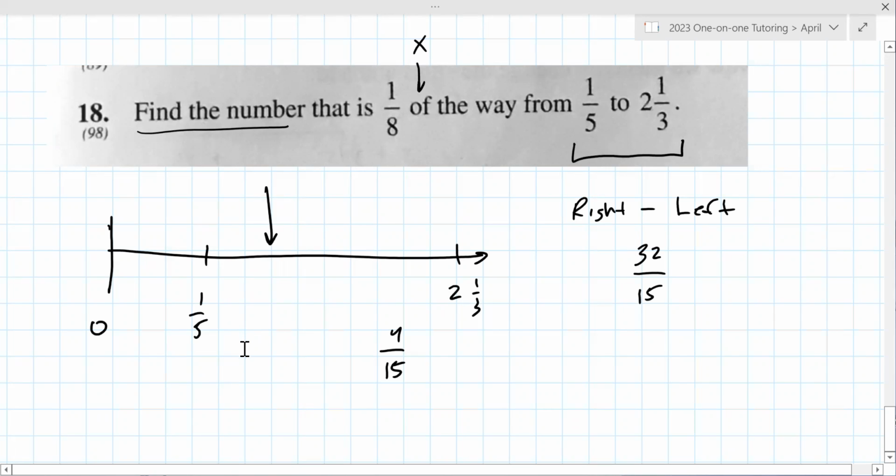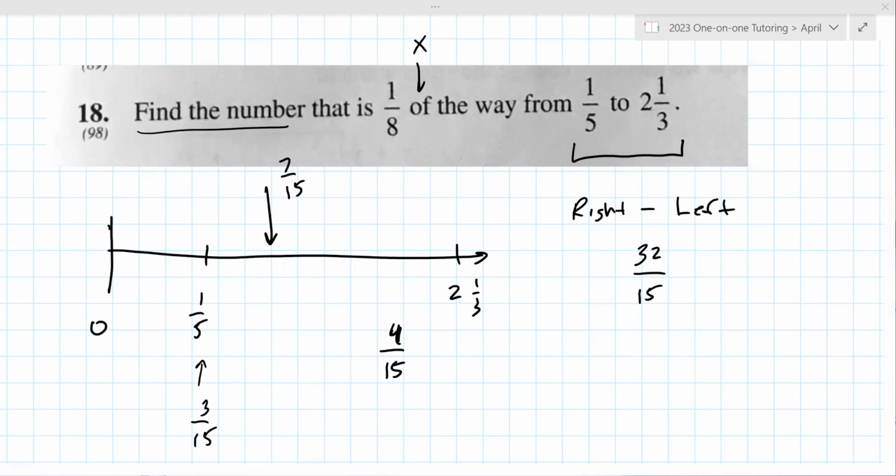So that will be 9/15. No, hang on. This is 3/15 plus 4/15, which is 7/15. Okay, sorry. Yeah, very well. All right.